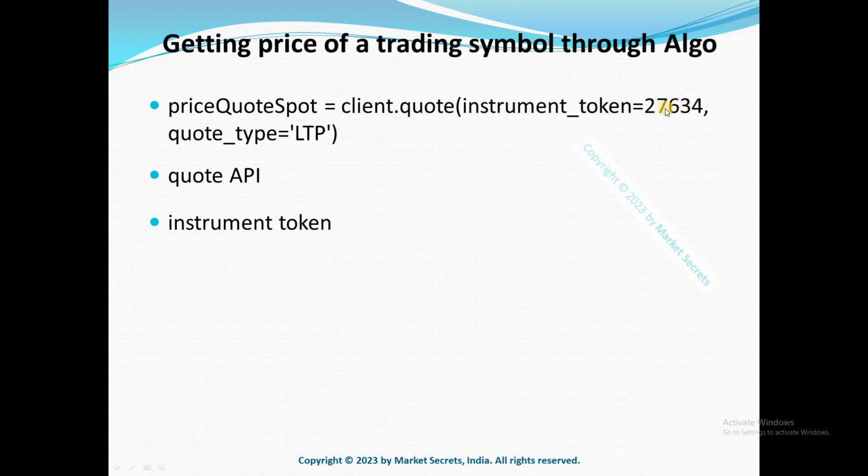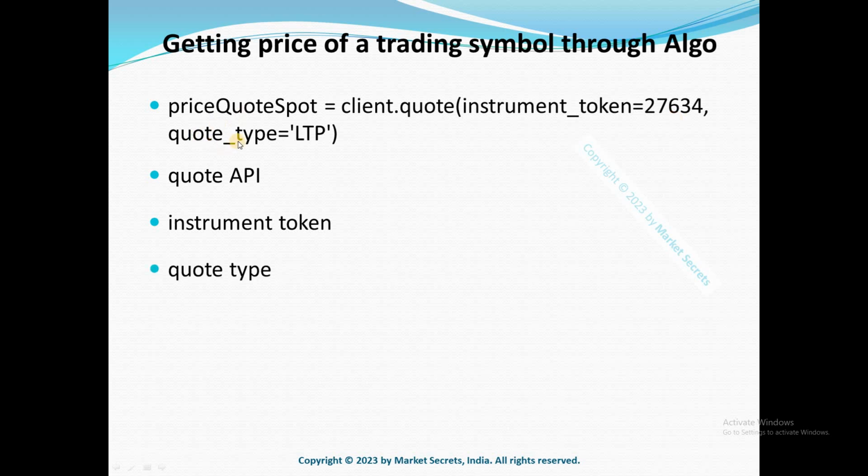Once we do that, we can use the client API to get the current market price or any other price for that particular trading instrument. In simple terms, pass the unique instrument token of the trading symbol for which you need to get the current market price. As simple as that.